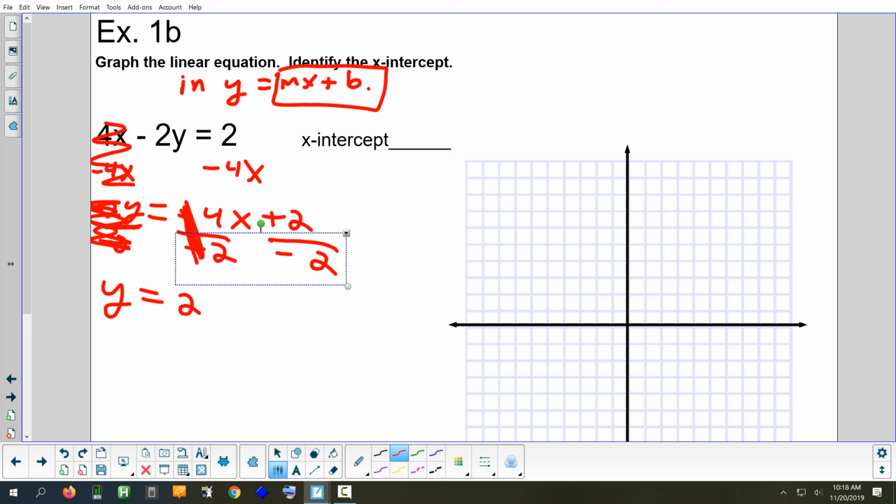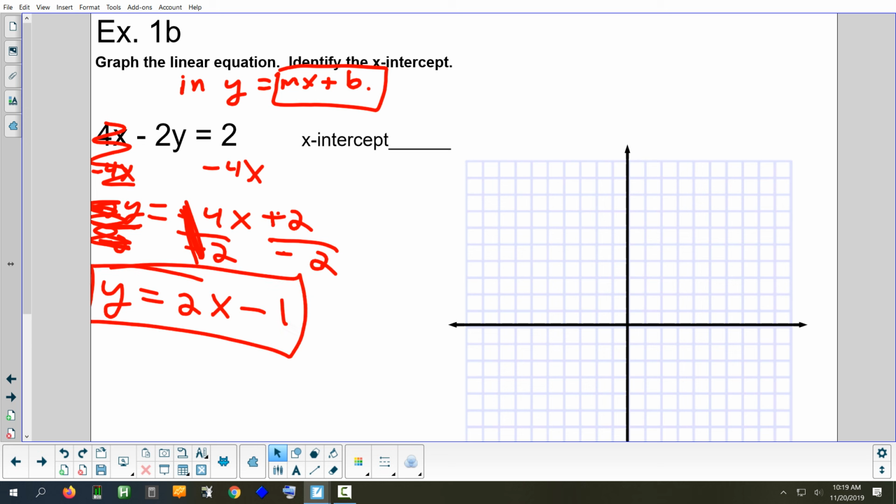And what's next to it? X. What's positive 2 divided by -2? What's a positive divided by a negative? Negative. 2 divided by 2? 1.